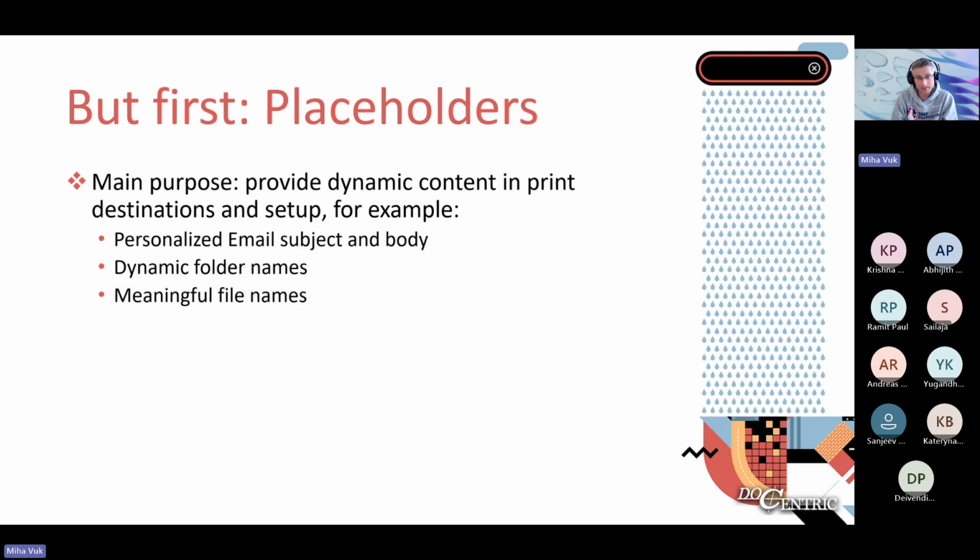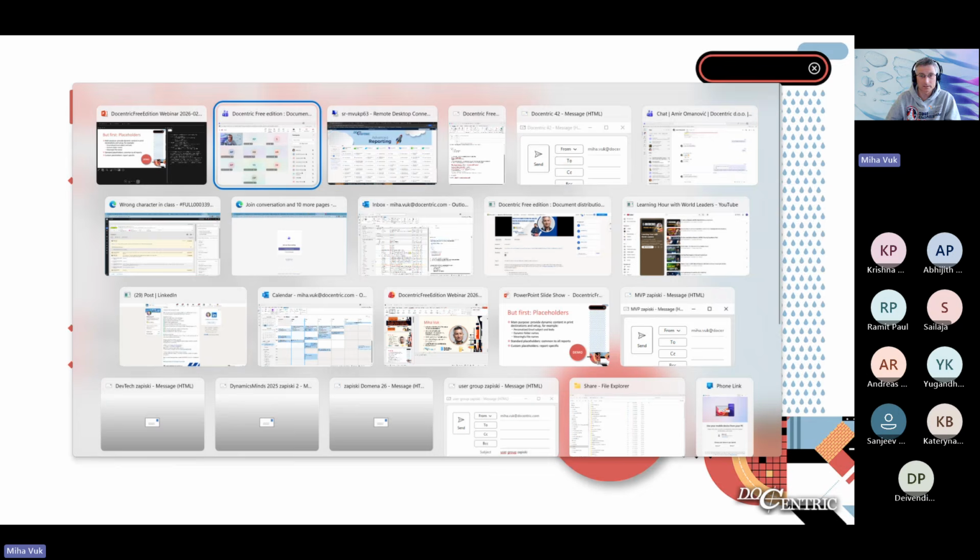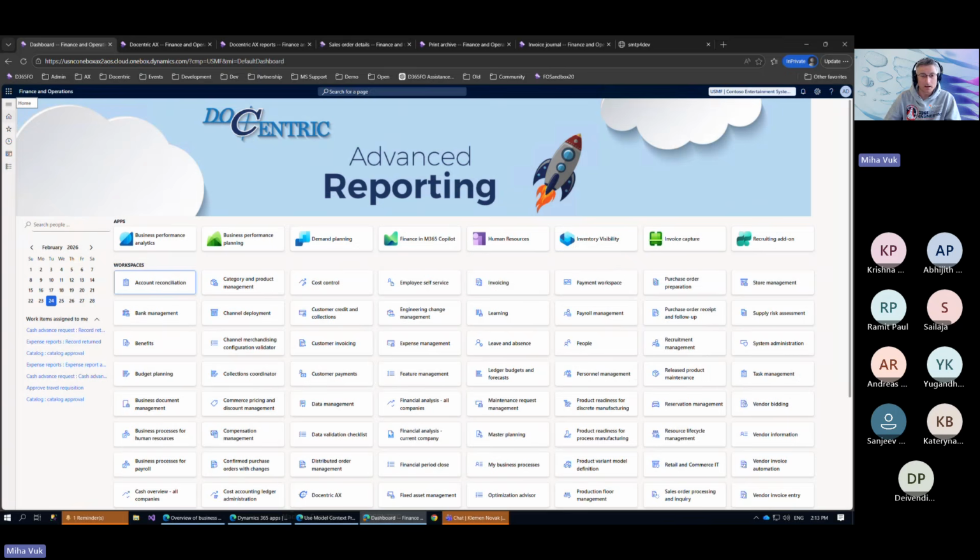For example, in the email body, in the email subject, dynamic folder names, meaningful file names, display names of an email sender, and so on. And we have standard placeholders that are common to all reports, and we have custom placeholders that are report specific. Let's go to our first demo.